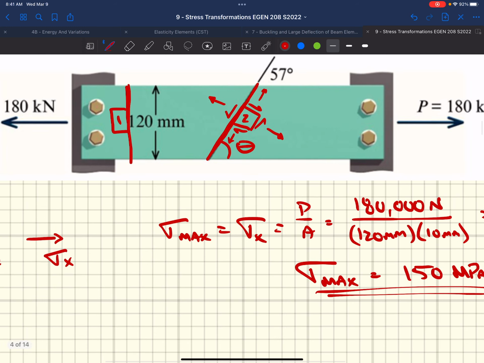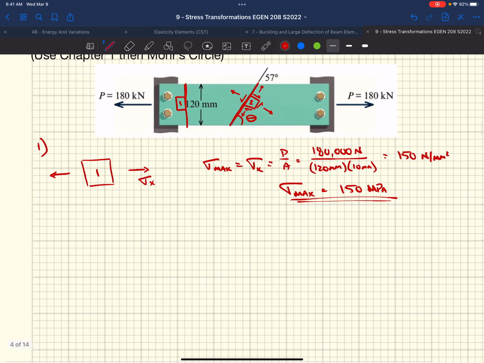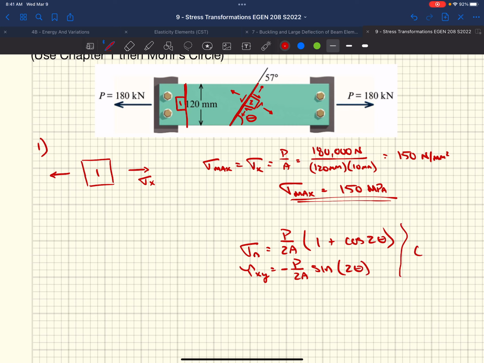So if we look at chapter 1, they said our normal stress was P over 2A times 1 plus the cosine of 2 theta. We also said that the shear stress is negative P over 2A times the sine of 2 theta. All of this was chapter 1.